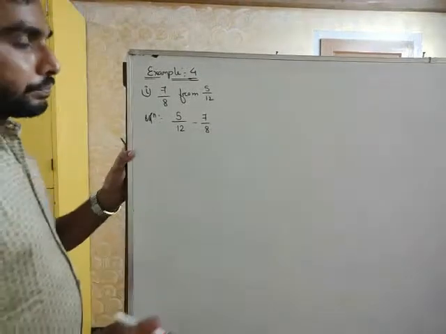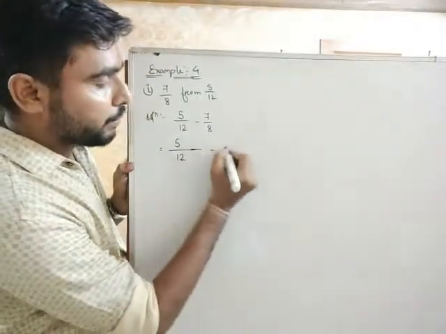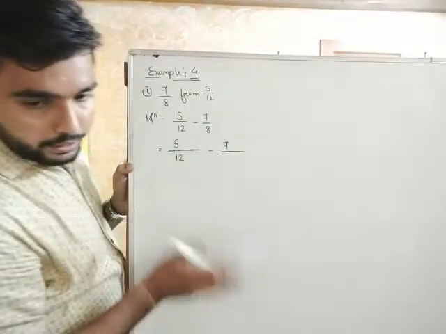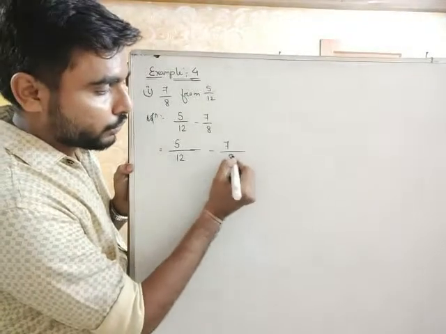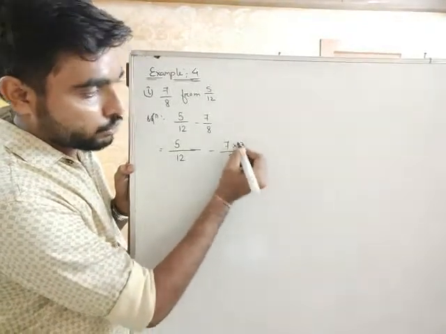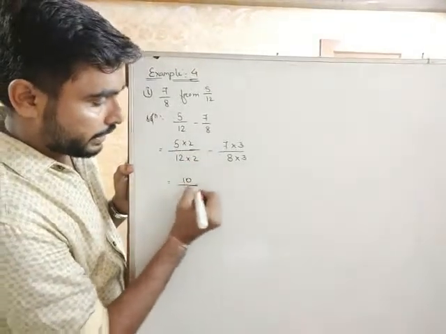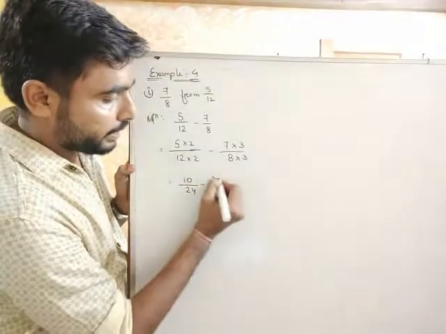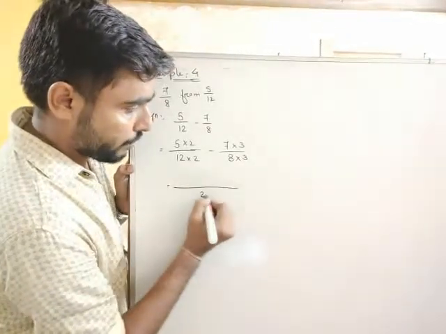Now, the denominators are two different ones. So the LCM of 12 and 8 is 24. 12 2 times is 24, 8 3 times is 24. So we multiply 7 into 3 and 5 into 2. 10 by 24 minus 21 by 24, let us take the whole denominator as 24.